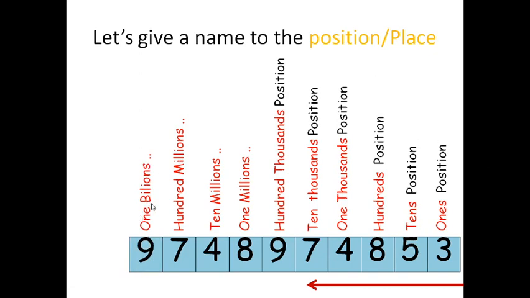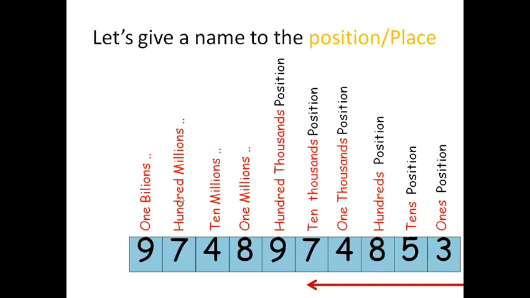Okay. Now if you look from right to left, can you identify a pattern? This is ones position, tens position, hundreds position, and again thousands position, ten thousands, hundred thousands. Here look, 1 million, 10 million, 100 million. Again 1 billion.